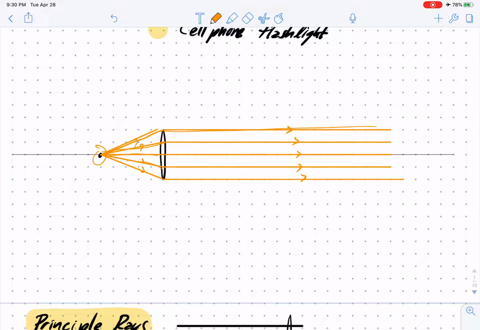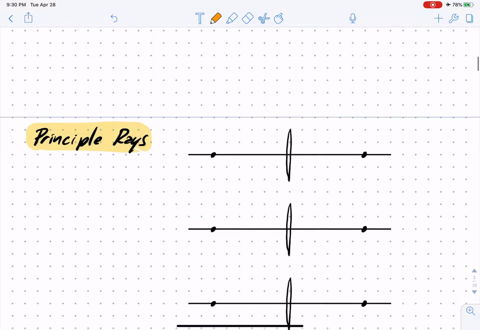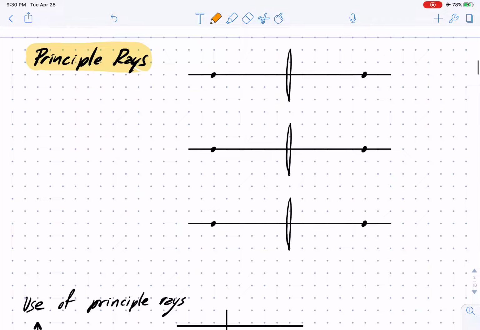All right, so we're going to write these down together because these kind of rays are principal rays. So we'll start with that one, just so we're familiar with it. Light comes out from the focal point and goes forward. The other one that we did before was light comes in parallel to the axis and it goes through the focal point.